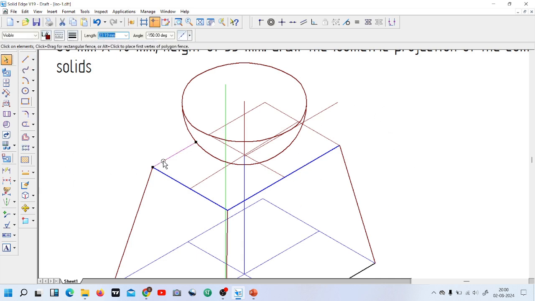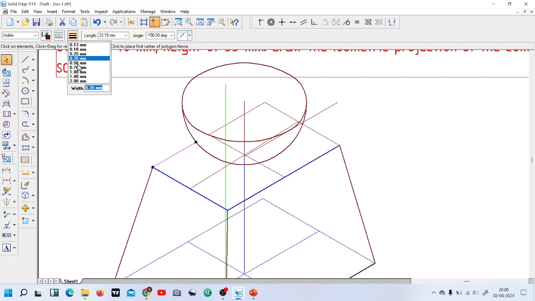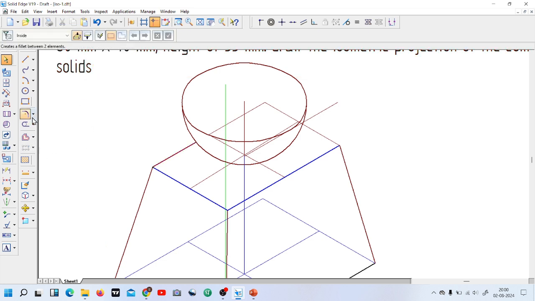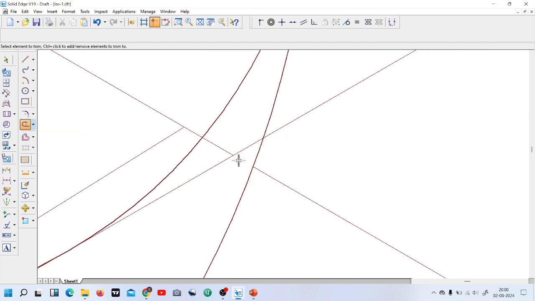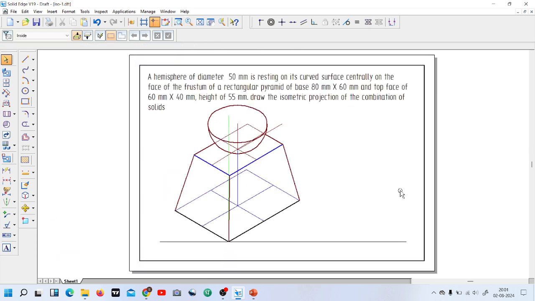I will take this as a line, make it 0.5 mm thick, and extend it to the next here. Now this much is enough. Extend this one like that. Similarly, go here. Trim the unwanted portion. Let us remove this one. Let us select this line. This is going to be clearly visible, so make it 0.5 mm. Now this completes the solution.